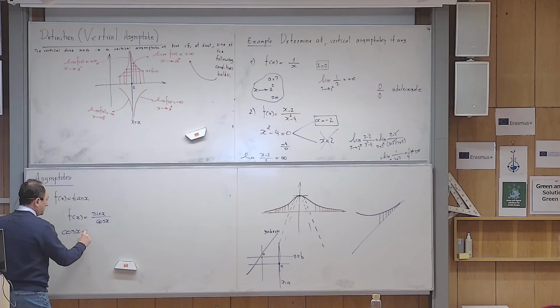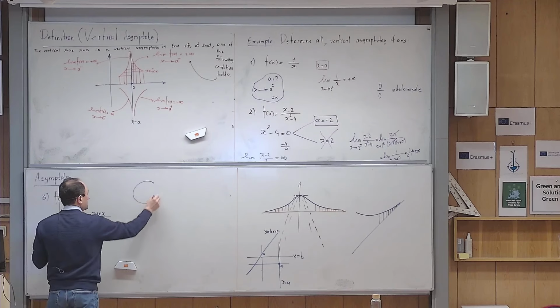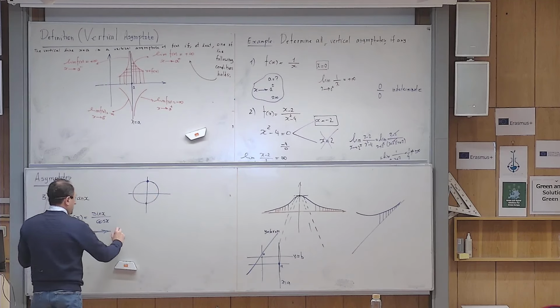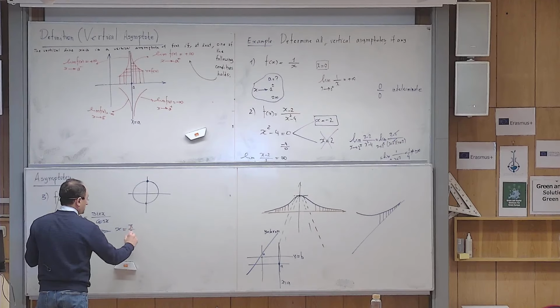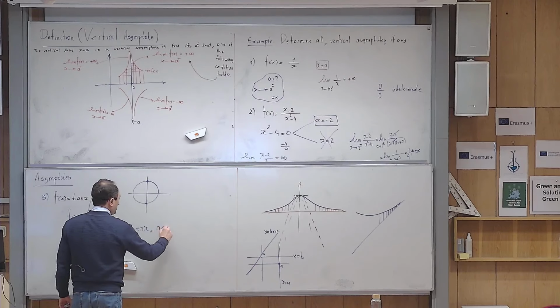So I put them equal to 0 according to what you learned in trigonometry, yes? Cosine is related to the x-coordinate, so the x-coordinate is 0 here or there. So x becomes pi over 2 plus n pi, and n belongs to Z.